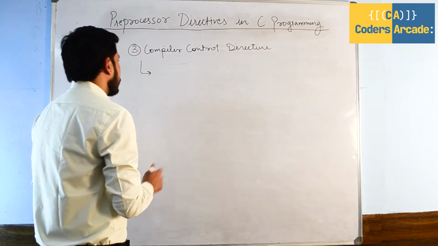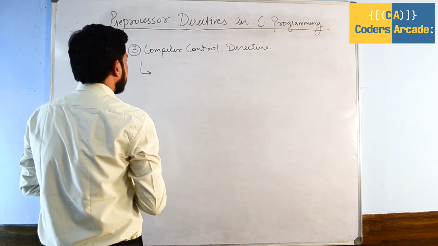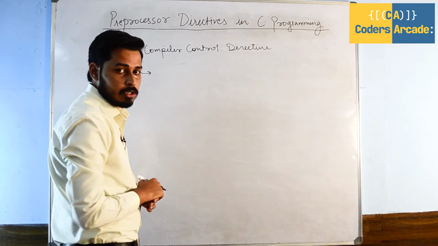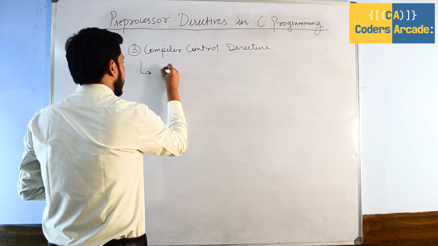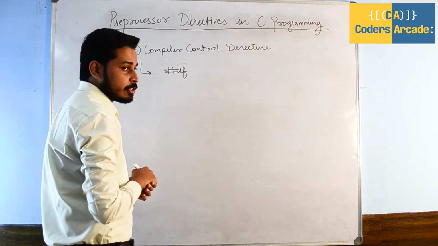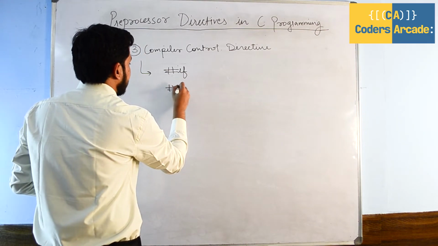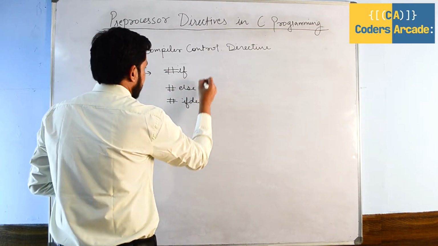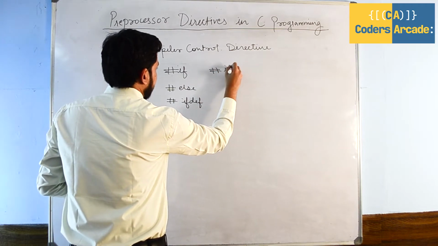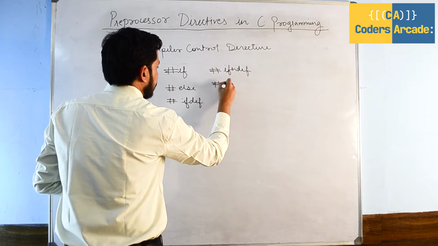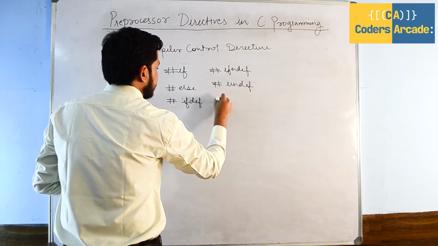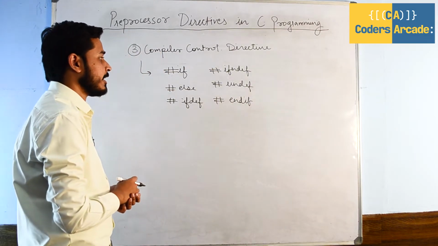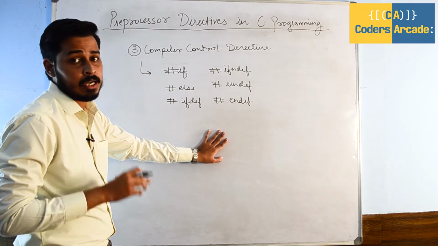So let us first see the directives which are used in this compiler control directive. Directives such as hash if, all the conditional directives. So hash if, hash else, hash ifdef, hash ifndef, hash undef, hash endif, all these kinds of directives are included in this compiler control directive.